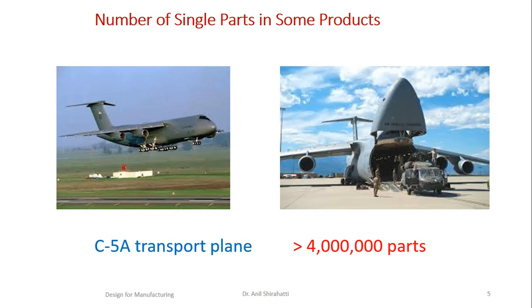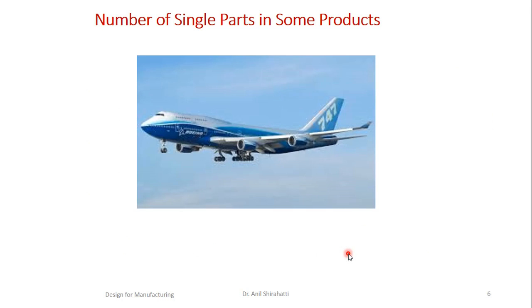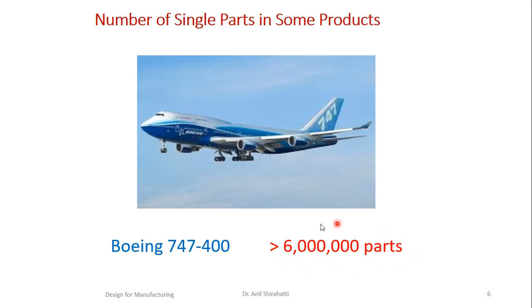This is a transport plane, which is used mainly for military purposes, where we are transporting small helicopters or vehicles or soldiers, tanks. It contains more than 40 lakh parts. I'm only dealing with the single parts. 40 lakh single parts, right? Now if you consider the Boeing 747, it has more than 60 lakh single parts.